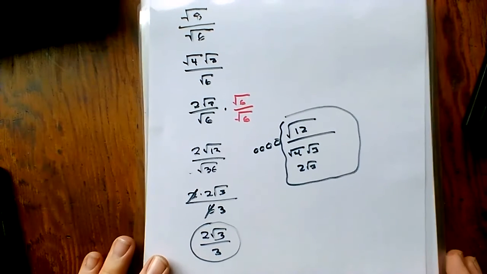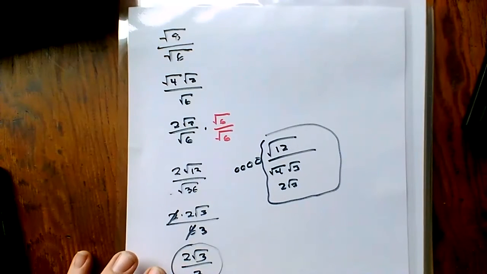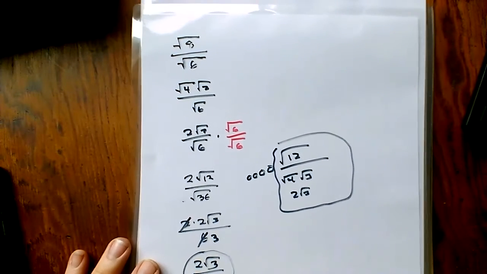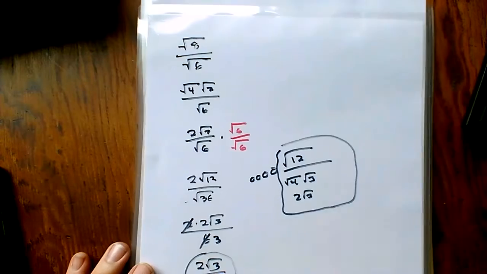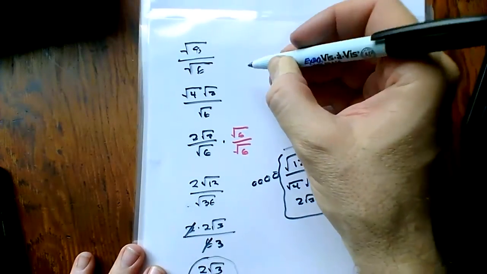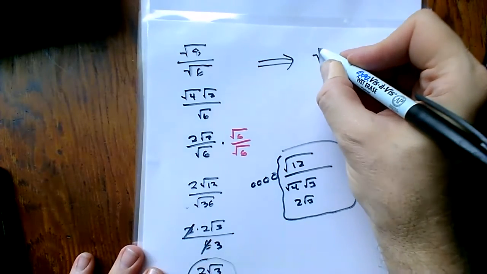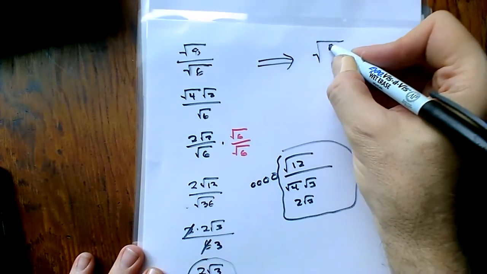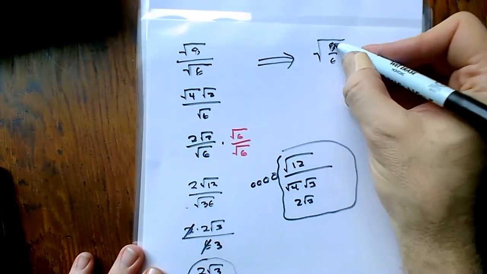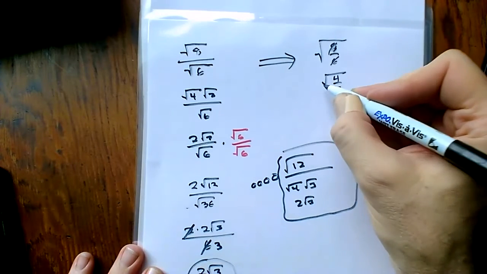Now, you might ask yourself, is there a simpler way of doing that? In some ways, yes. There's a couple things that we could have done here at the beginning. I could have recombined this and said, oh, this is also the square root of 8 over 6, and then reduce this fraction to be the square root of 4 over 3.